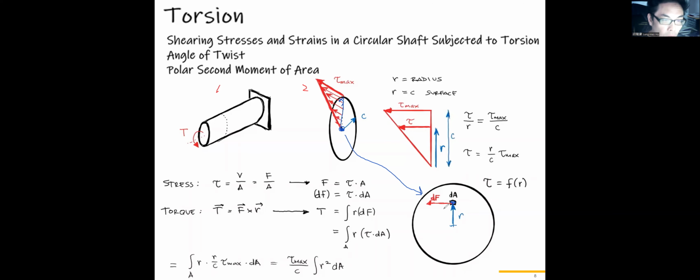Therefore, we can figure out the shear stress at a specific radius. And c is the radius of this shaft, so the maximum shear stress is located at the surface of the shaft. In this case, there are two similar triangles.